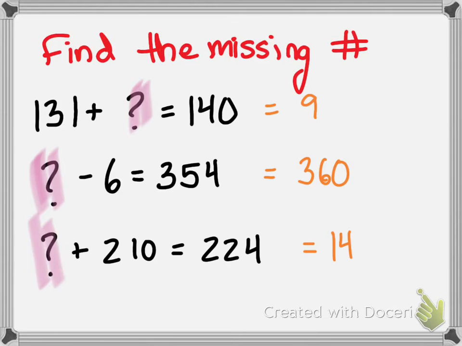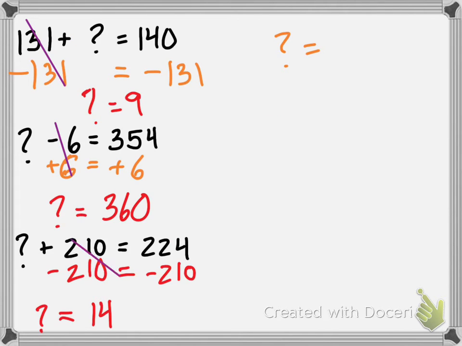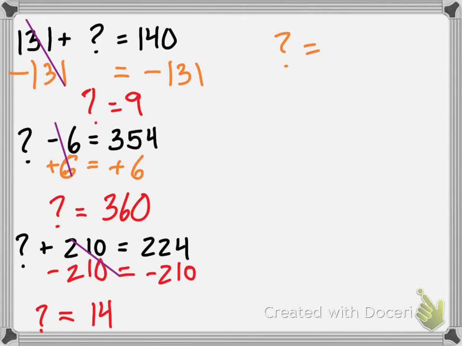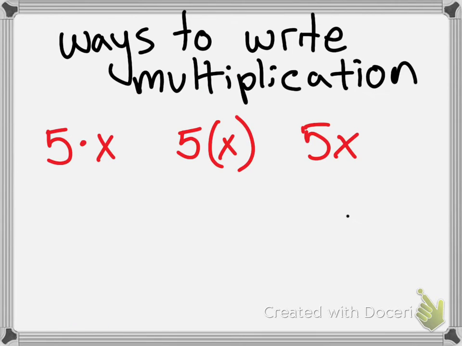And right there, that's the proof that I have to show how I got 9, 360, and 14. All I did was show the proof. I did the same to one side as I did to the other. I want to get down to that question mark, to my unknown.